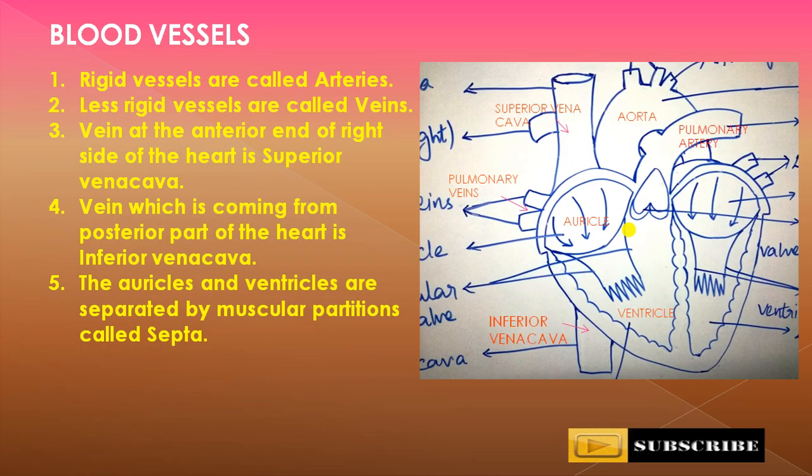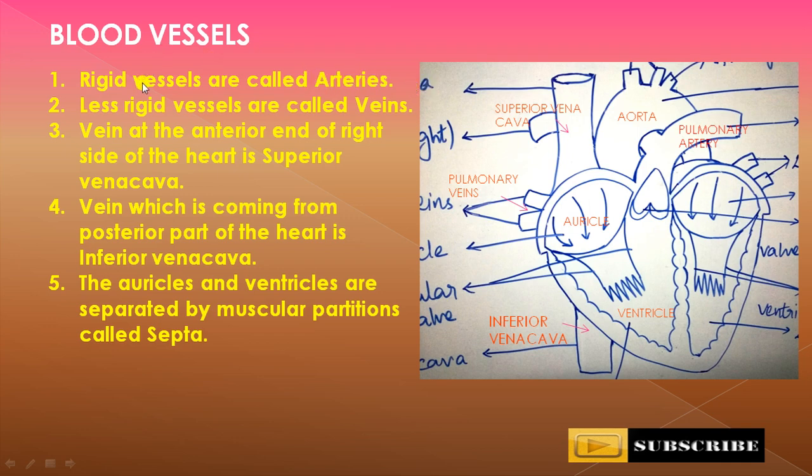Then coming to the blood vessels, here you have to concentrate on the blood vessels. So what are the blood vessels involved here? Because you know what the chambers are now, so let us know what the blood vessels are. Mainly there are two types of blood vessels. First is arteries.